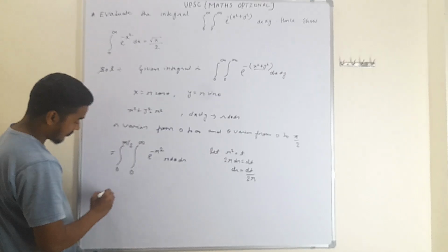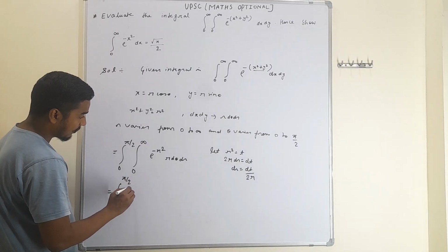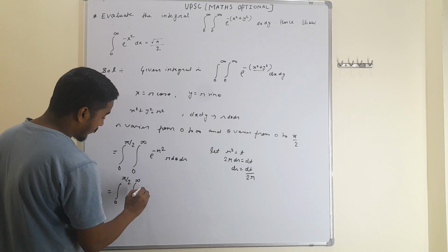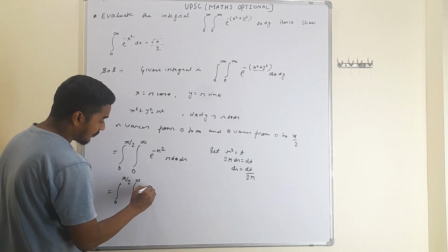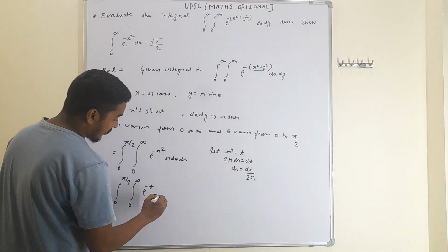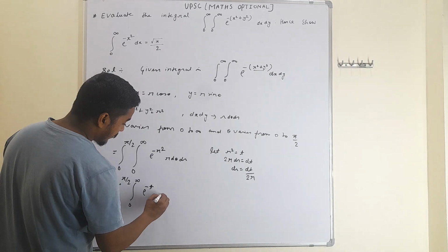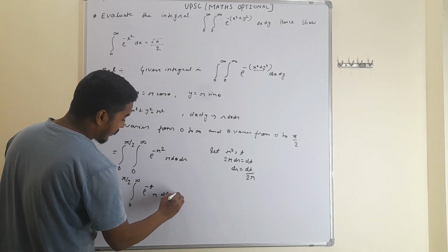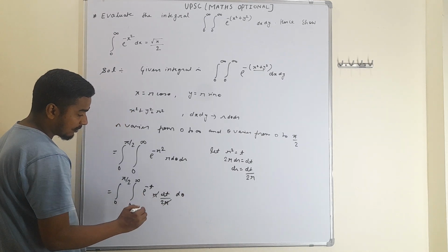So the integral is 0 to pi by 2 and 0 to infinity, putting r square is t, e to the power minus t, r is already present, and putting the value of dr, dt upon 2r, and d theta is already present here. The r and r cancel out.